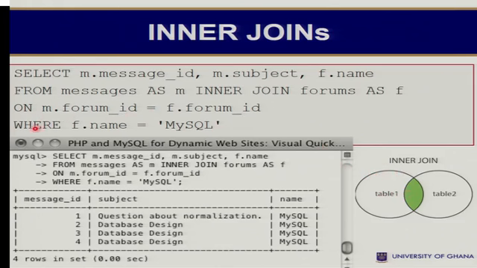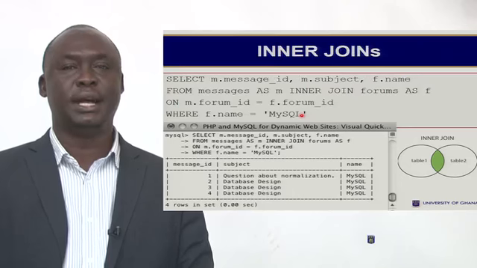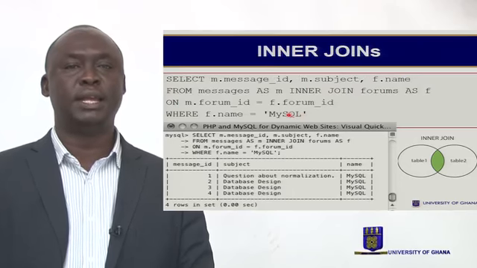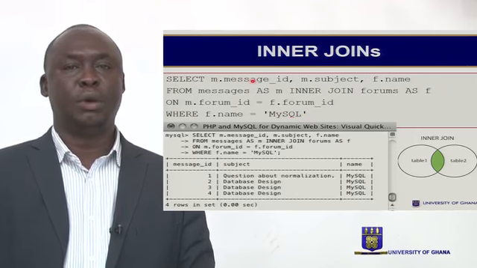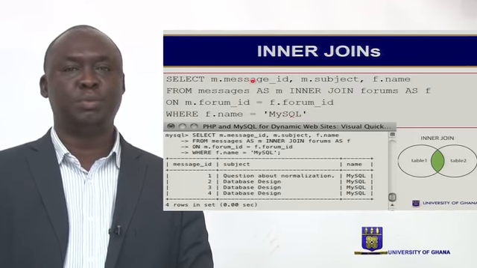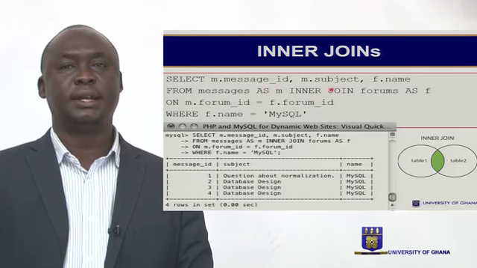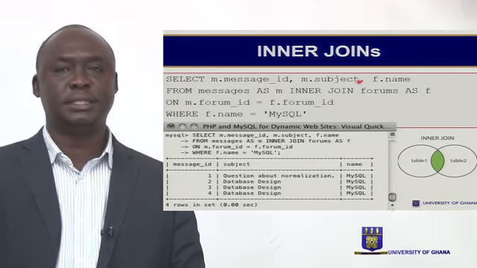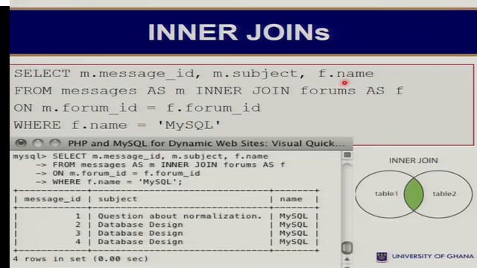And of course, we are further limiting the search by indicating here that f.name, forum.name should be MySQL. So this means that we only want to display the message people have posted, message ID here, and then the subject, and we also want to display the forum name, that is f.name. We want to display the forum name, but the forum we want to display is only on MySQL.